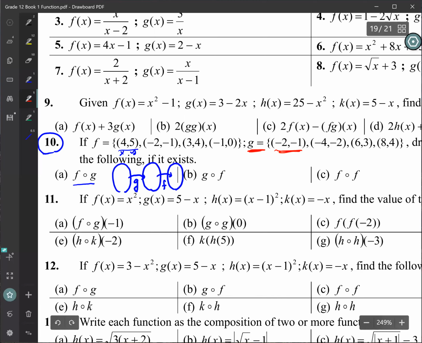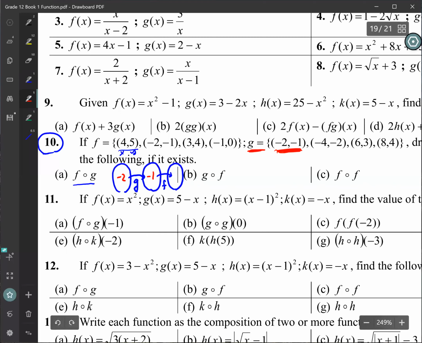The -2 is the X, -1 is the Y. So you put -2 as the input. -2 goes in, and then -1 will come out.